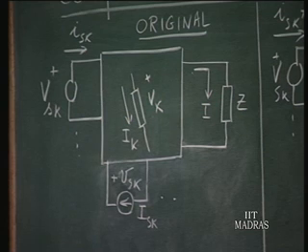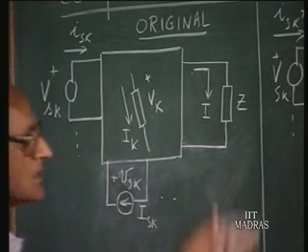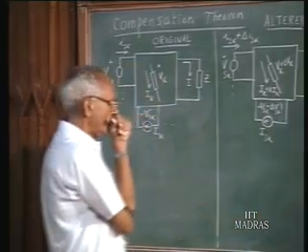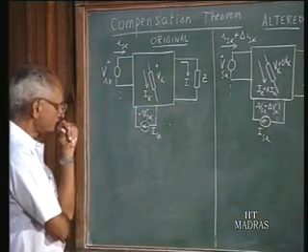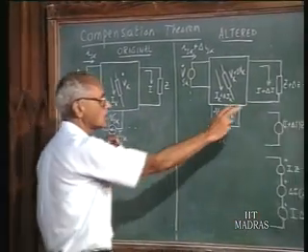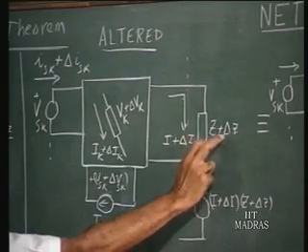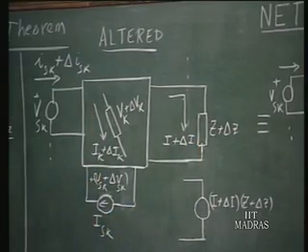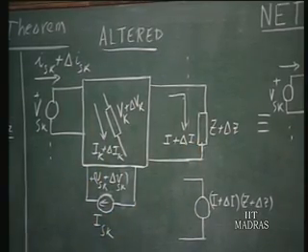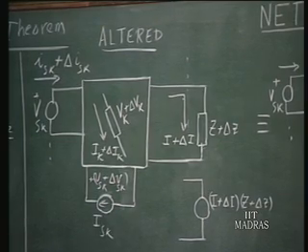Now the question which we would like to ask is what are the changes produced in the network when Z is changed to Z plus delta Z. So this is the original network and this is the altered network. In the altered network the impedance has changed to Z plus delta Z, otherwise the parameters are the same. However, the variables in the network undergo changes.